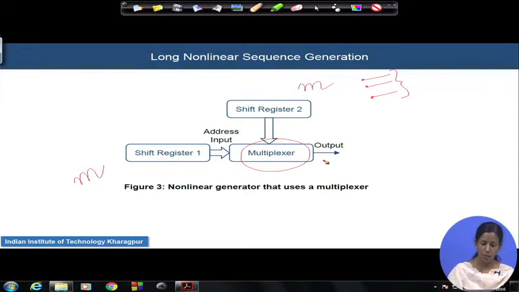For example, suppose m is equal to 8, and we have tapped the values from stage number 2, stage number 5 and stage number 7. At a particular instant when a clock pulse has arrived, I see the outputs of the 2nd, 5th and 7th stages are giving the values 0, 1, 0.